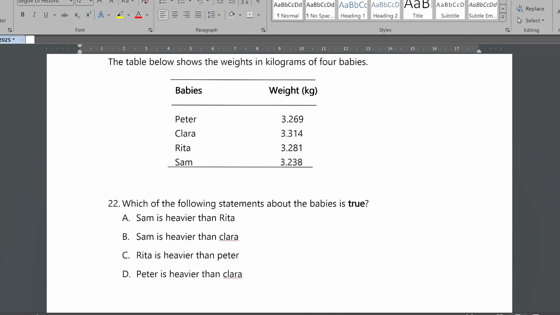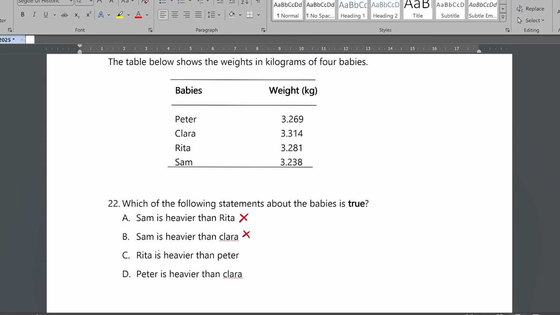Sam is never heavier than Rita. So the first statement is not true. B. Sam is heavier than Clara. Let's compare their weights. Sam 3.238, Clara 3.314. So Clara is heavier than Sam. This statement is also false.